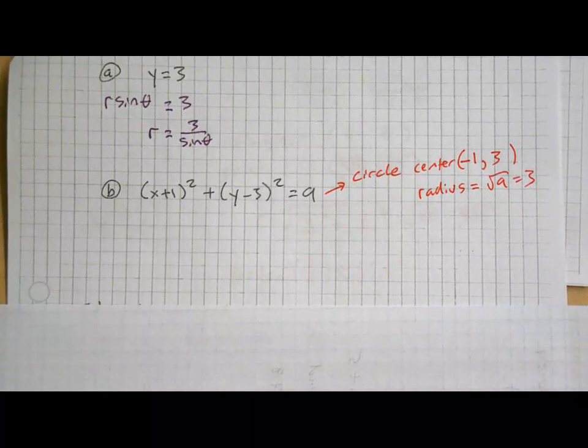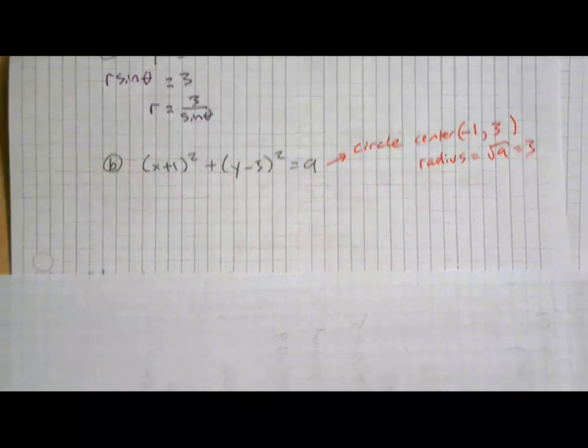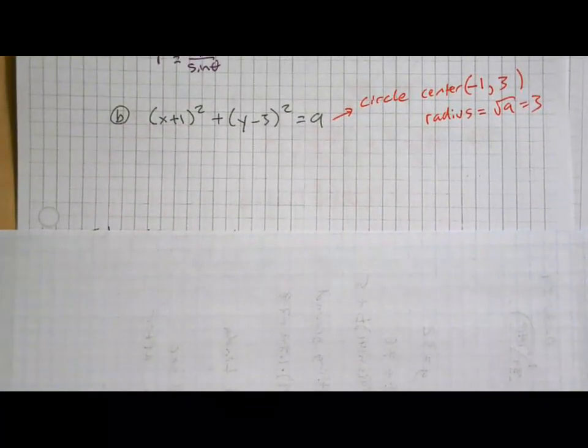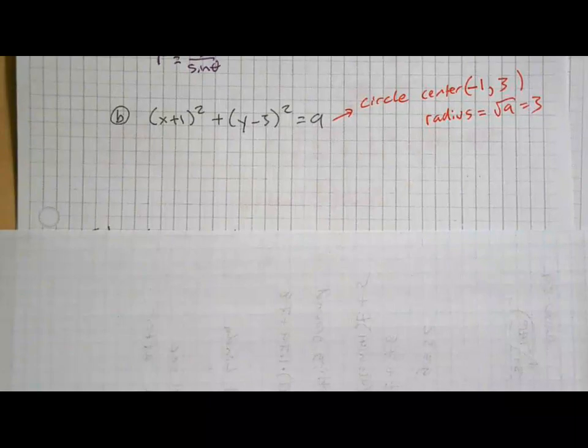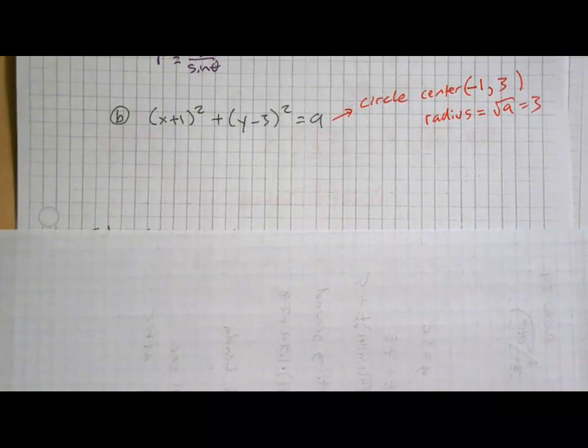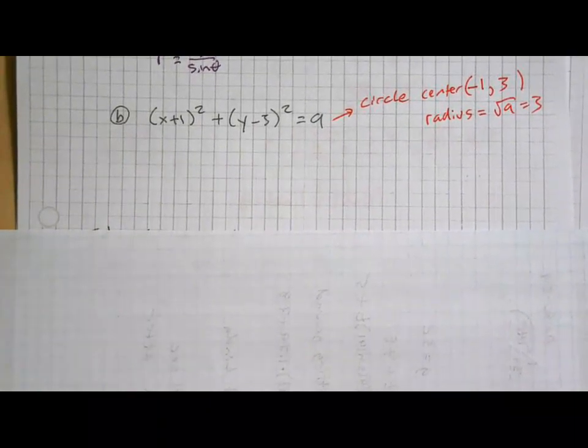We're going to find a polar version of this equation. And we want this to be as simple as possible. So I'm going to give you guys a big hint here. We're going to go ahead and multiply out our two binomials. Let's use our shortcuts.